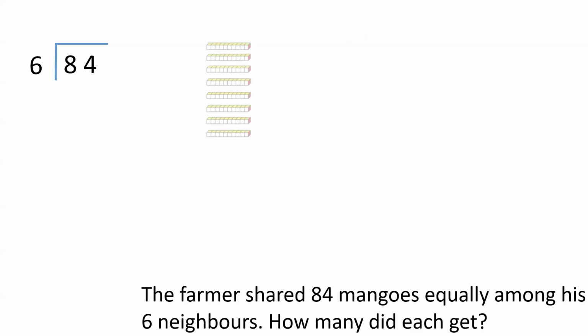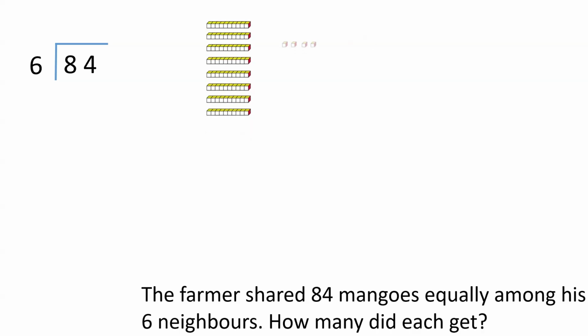Right. We should try to represent this using our base 10 blocks. And we have the first case, we're actually going to do what? We're going to share it up, in such a way that we're going to make a group of 6. Now, we tell the children normally 6 into 8.